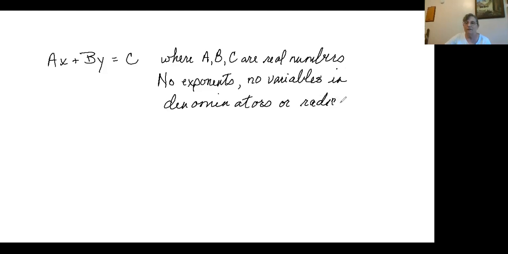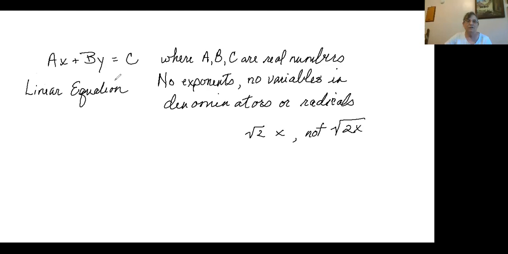You could have the square root of 2, times x, but not the square root of 2x. Anything that can be written in this form is called a linear equation or a linear function in 2 variables.